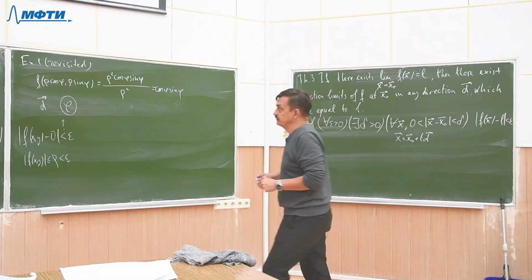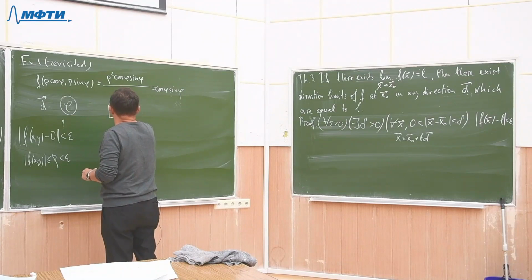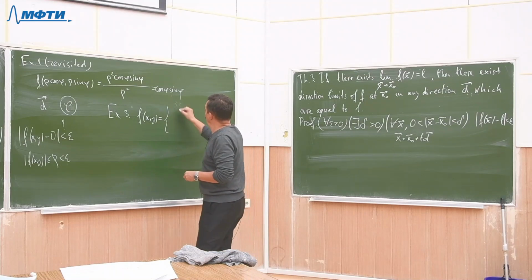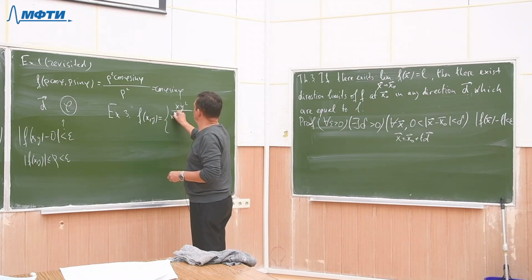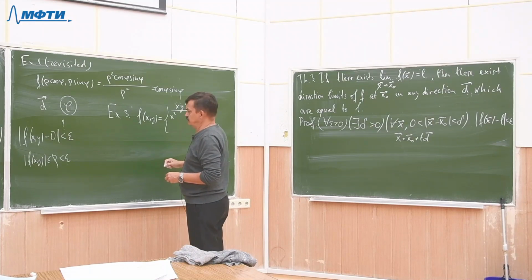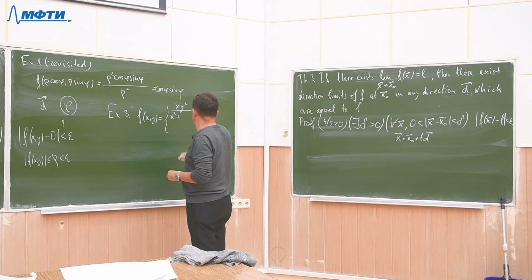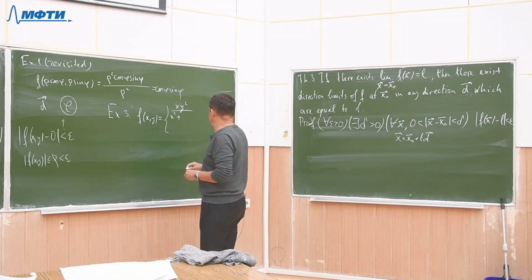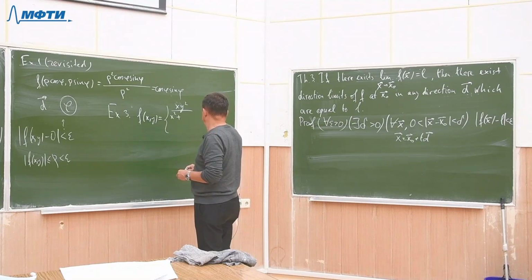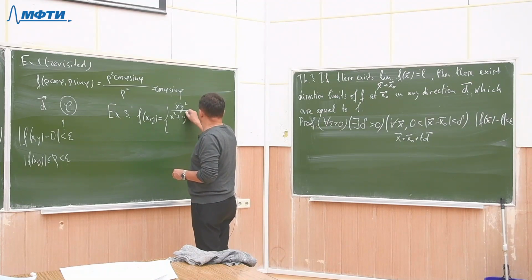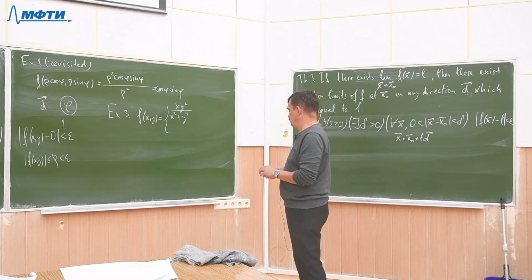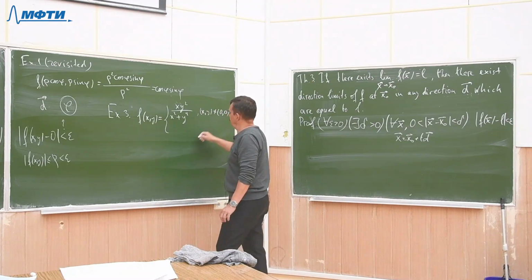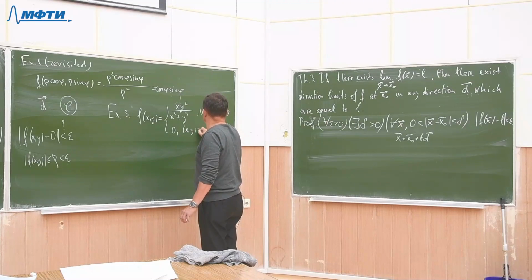One more example, Example 3. f of x y equals x y squared over x squared plus y to the power 4, for (x, y) not equal to (0, 0), and 0 if it is (0, 0), right?